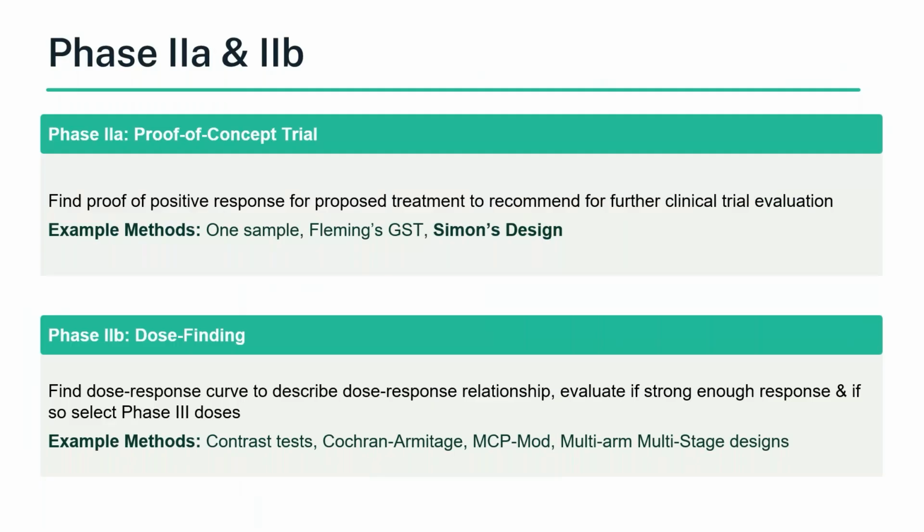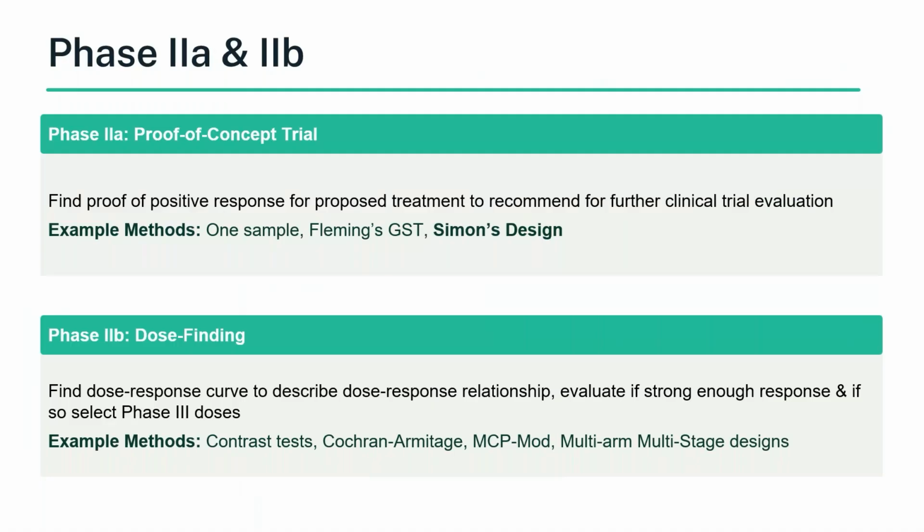Then the dose finding step, on the other hand, is concerned with selecting one or more effective and safe doses for evaluation in confirmatory phase 3 trials. The emphasis in this step is on estimating the true dose response curve in order to ensure that the correct model and doses go on for further study in the phase 3 trial.